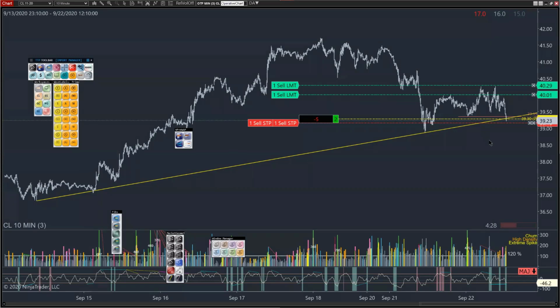At least the area between 61.8 and 78.6. For some reason, crude gets a lot of very deep retracements. I would say much more so than the ES. Each one has their own kind of unique characteristics that you've got to get used to. And once you've gotten used to them, well, then they change.